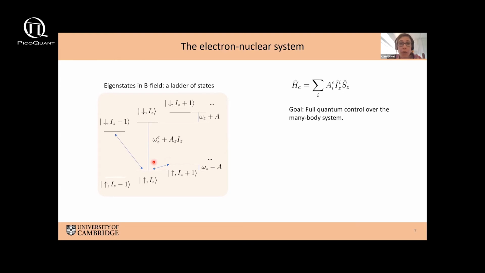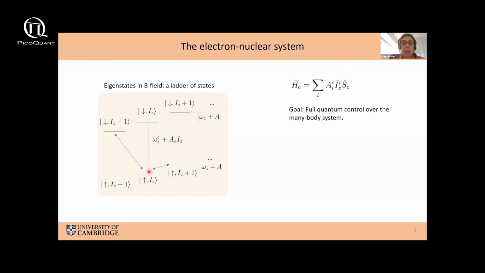And we have, of course, a third energy scale, which is the hyperfine interaction, which is this constant AZ, and gives rise to the so-called Overhauser effect, which is a shift of the electron spin resonance depending on the value Iz of the nuclear spin polarization. And our goal is to fully control this quantum system.